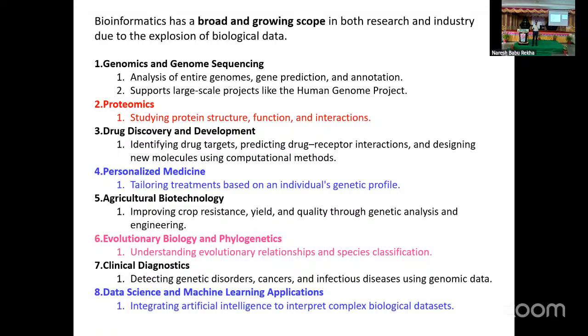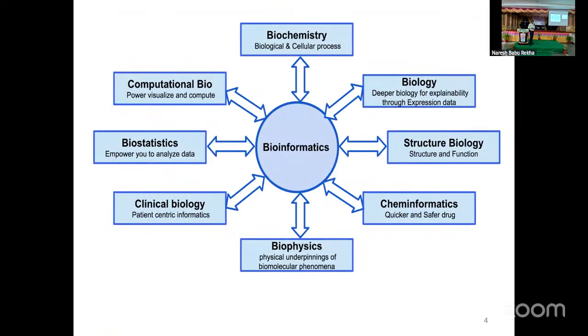Whenever the data is available in electronic form, you need to analyze it. To analyze the data, you require software and algorithms. The algorithms we integrate are called machine learning algorithms or artificial intelligence algorithms. So biochemistry is not a single subject.